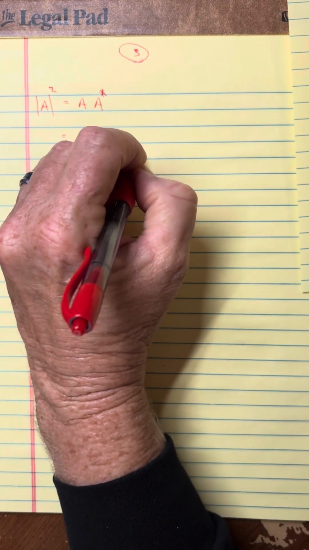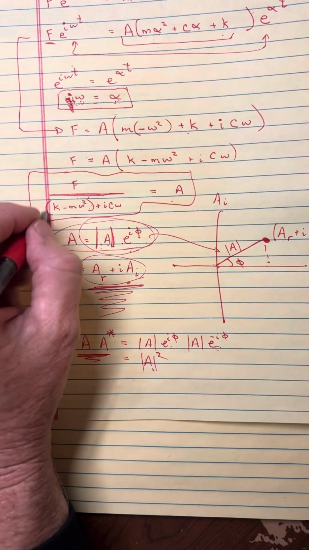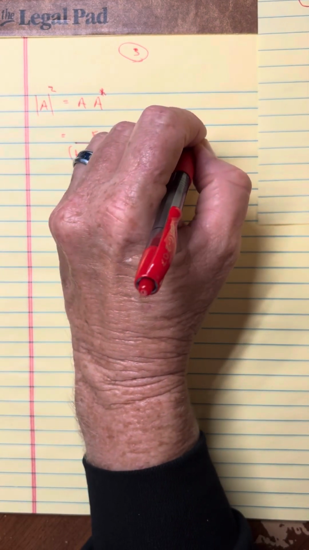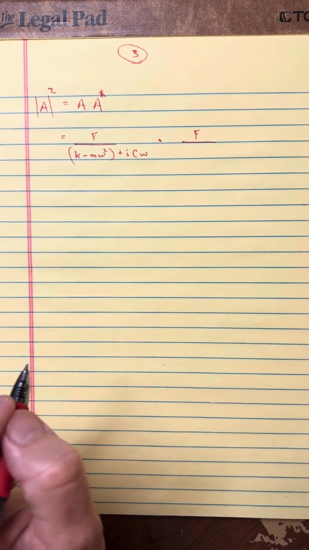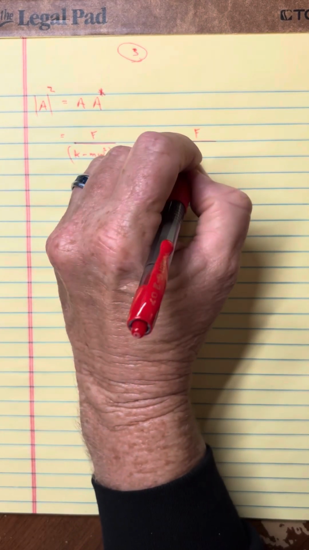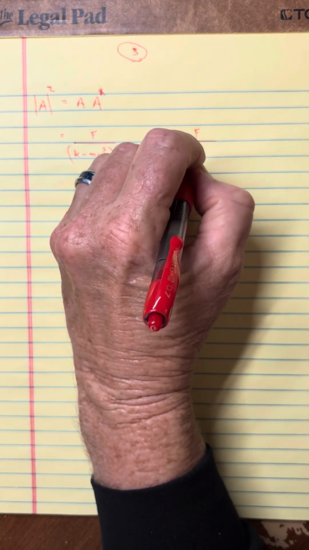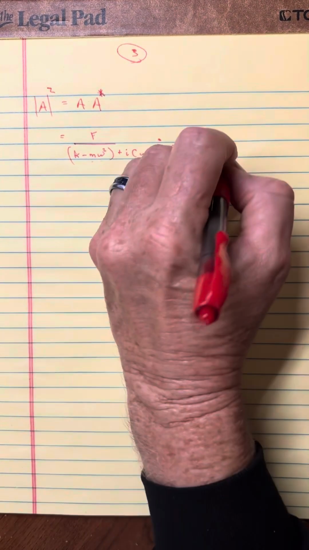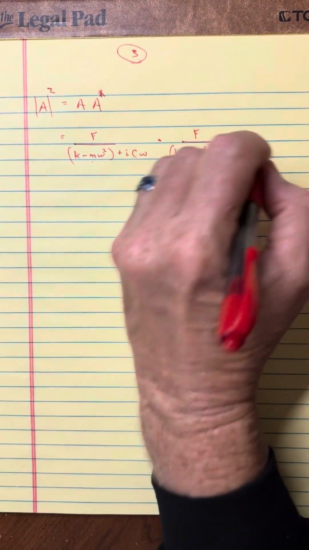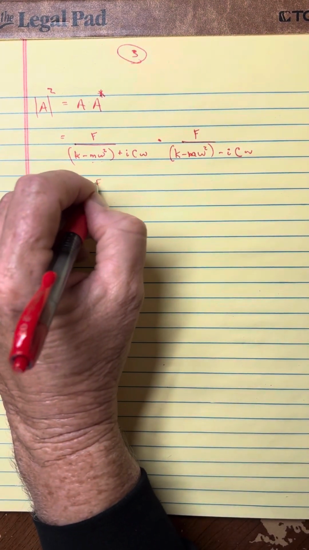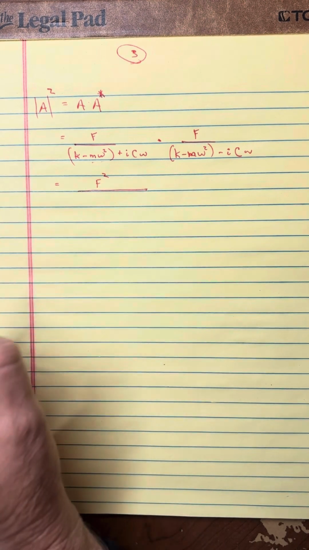Plus i C omega. Yeah. And then if I multiply it by its complex conjugate, I'll get K minus, oh, I should put the M first to make it look like the other one. M omega squared, and then minus i C omega. And then across the top, I'll just get an F squared.